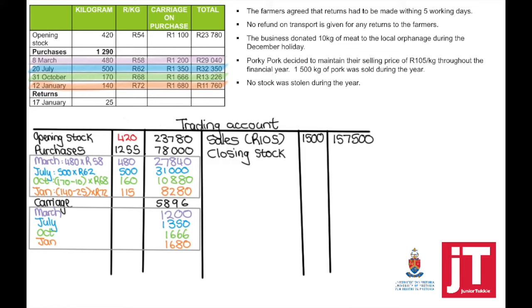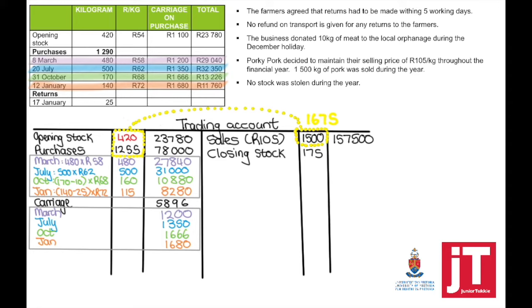Now we can calculate our closing stock. To calculate our closing stock, we're going to take the opening stock plus purchases minus the number of units that were sold. So the closing stock equals 175. So now using FIFO, it means first in, first out.